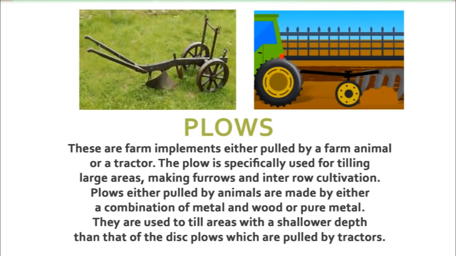The plow is specifically used for tilling large areas, making furrows and inter-row cultivation. Plows pulled by animals are made of either a combination of metal and wood or pure metal. They are used to till areas with a shallower depth than that of the disc plows, which are pulled by tractors.